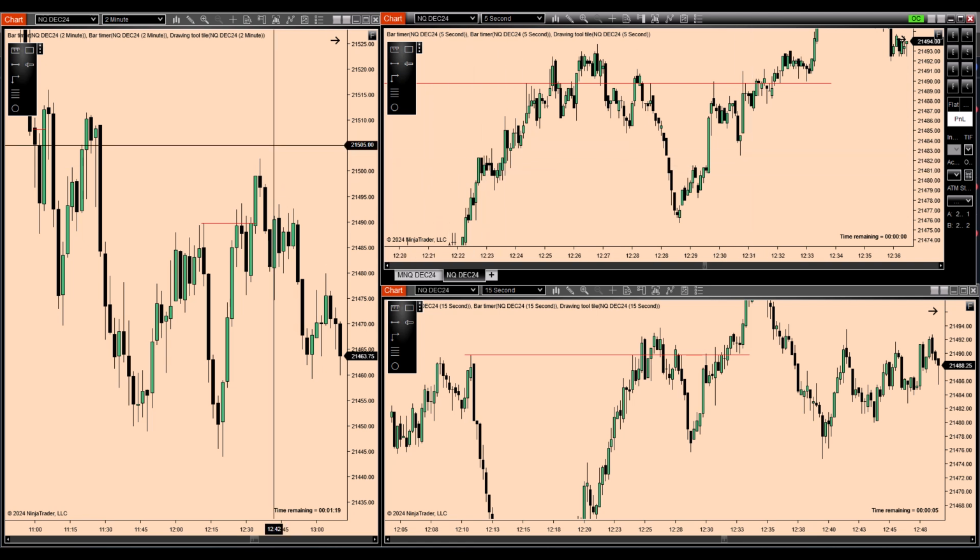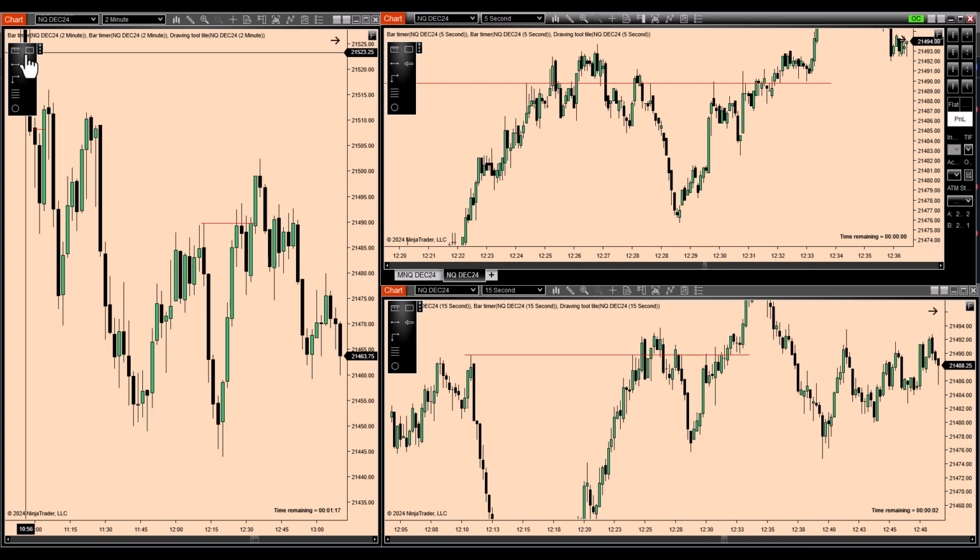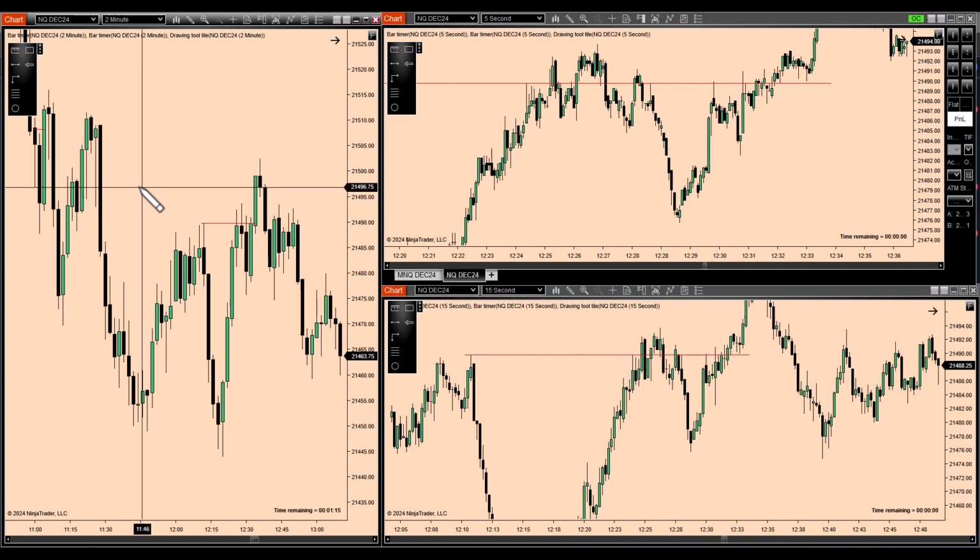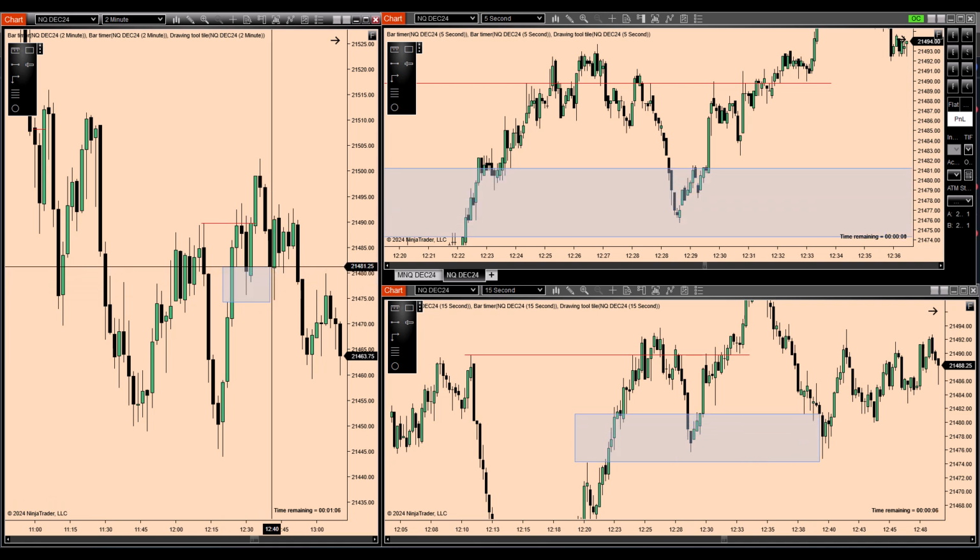if we take a look at the higher time frame once again, we can see that this move to the upside is being offered by this imbalance right here.